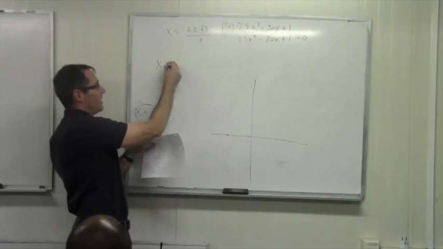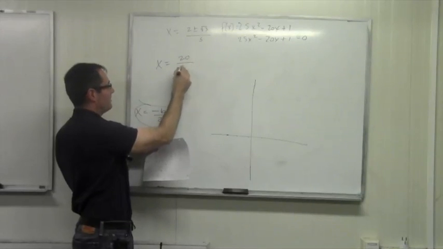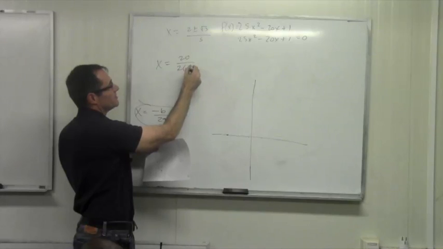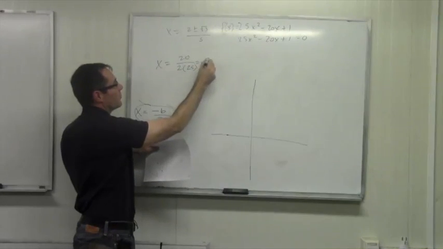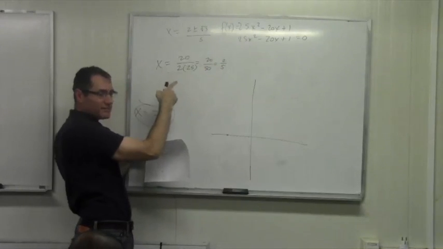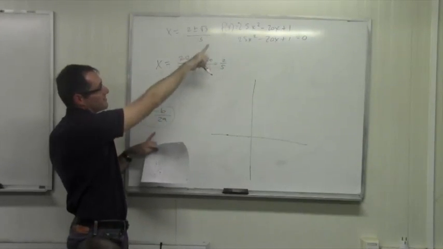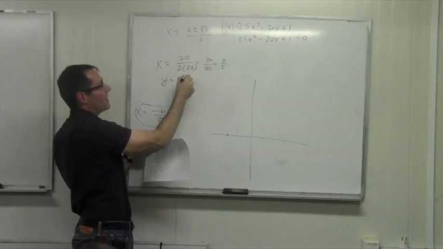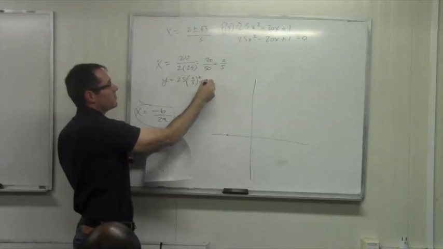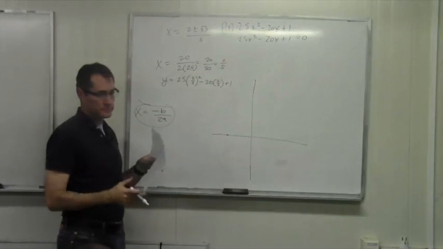So this is going to be x equals negative b, which we said was 20, divided by 2a, which is 2 times 25, which is 50. So 20 over 50, which equals 2/5. That's the x value. The y value of that, you're going to plug back into the top up there. You're going to say 25 times 2/5 squared minus 20 times 2/5 plus 1.